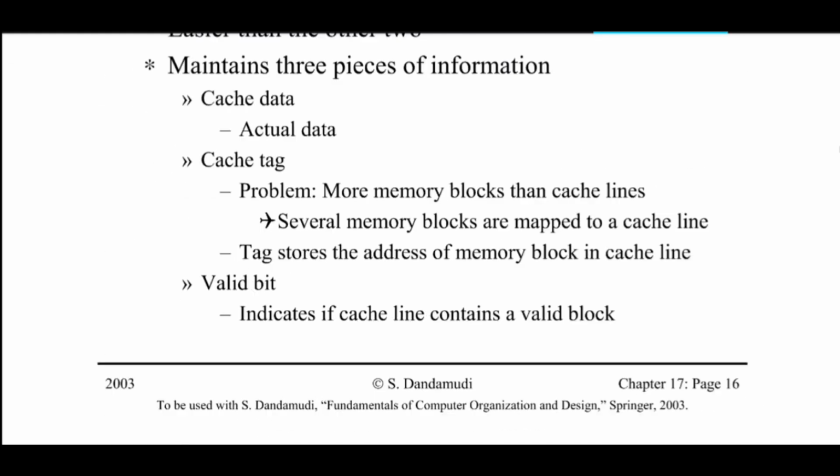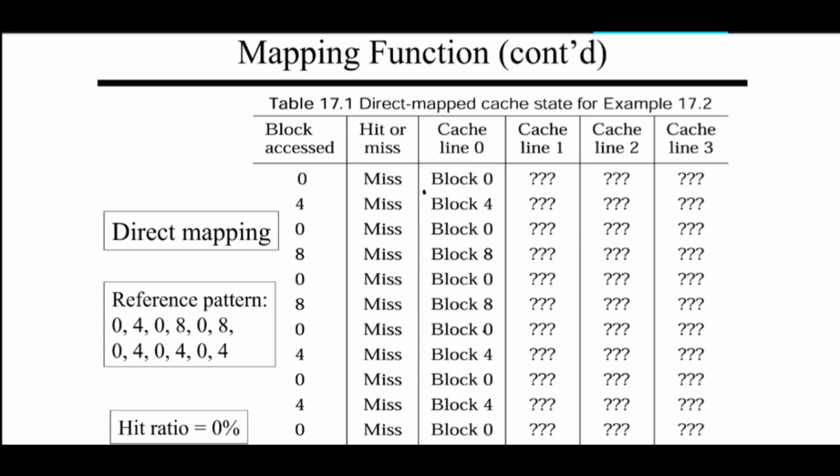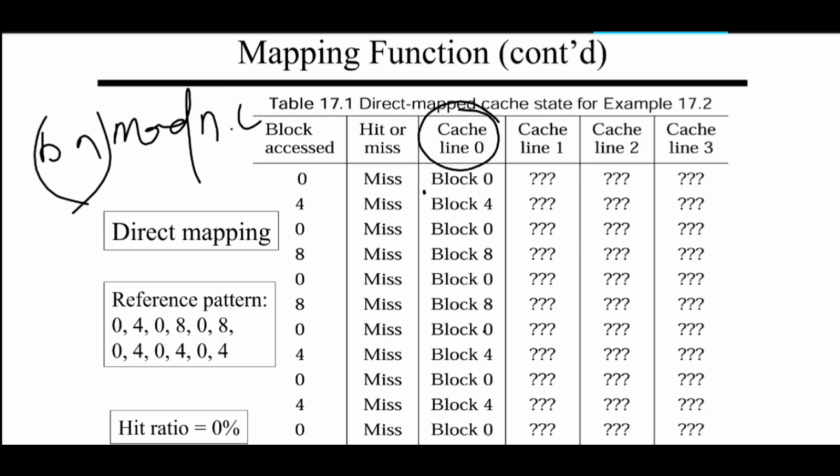In direct mapping, we find the cache line by block number mod number of cache lines. There is only one cache line for any specific data.